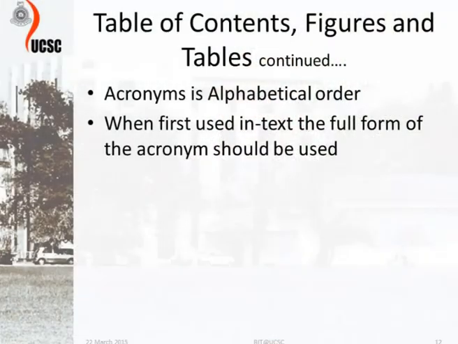Then before you start chapter 1, you may also sometimes have an acronym page, that is, you may use various shortened abbreviations. So, if you have used any abbreviations, you need to define them when you first use them, wherever you use them.